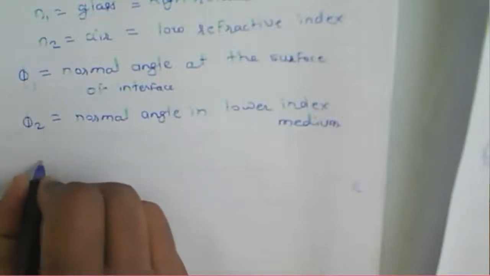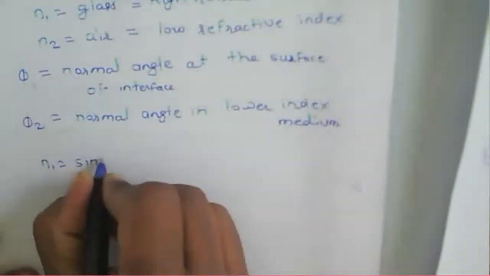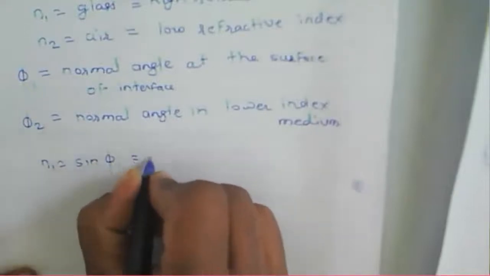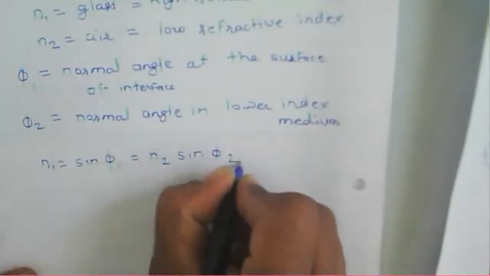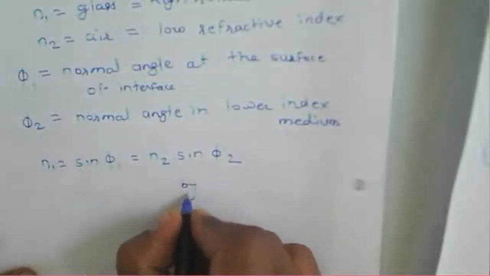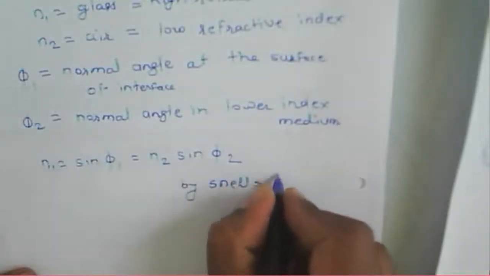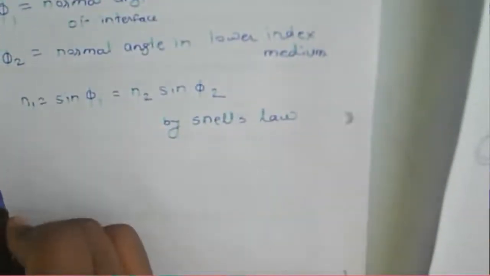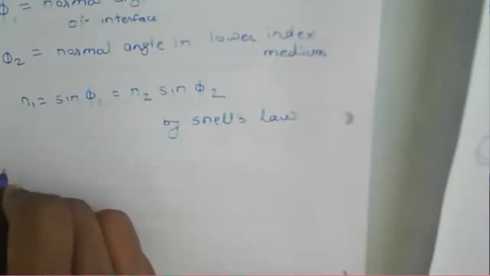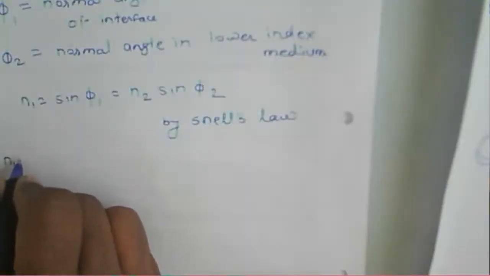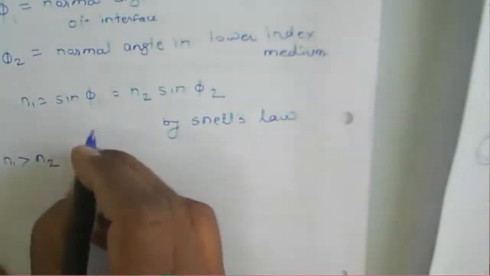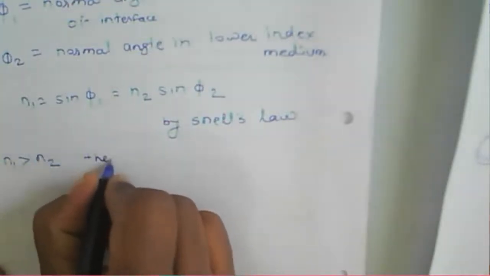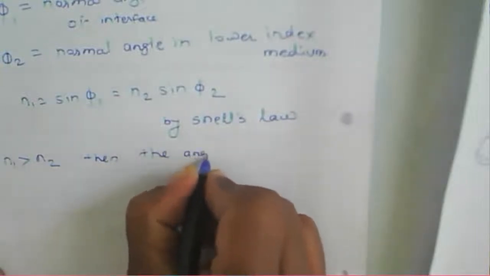So according to Snell's law, n1 sine phi 1 is equal to n2 sine phi 2. And that is called Snell's law. We said earlier that n1 is greater than n2.